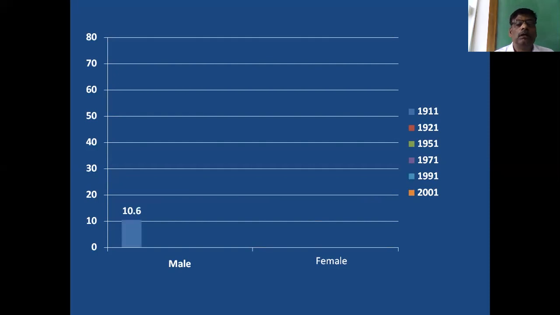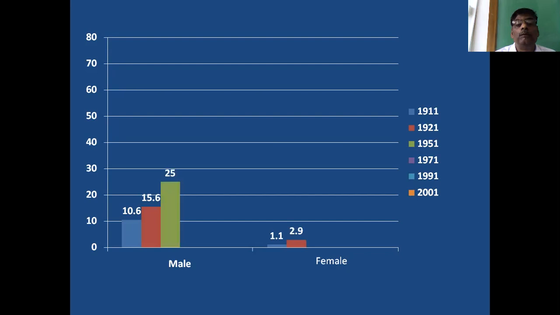You see here, literacy percentage male for 1911, then female percentage is 1.1. Next, male 1921, female 1921.